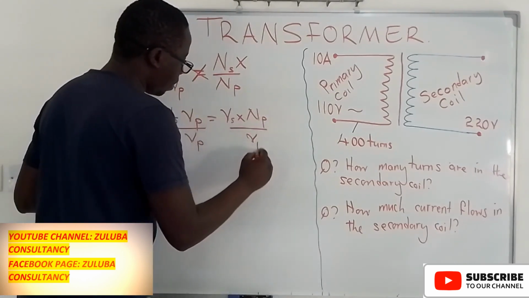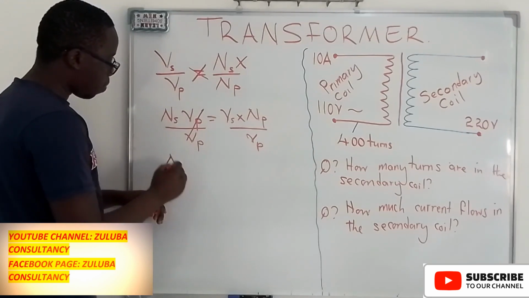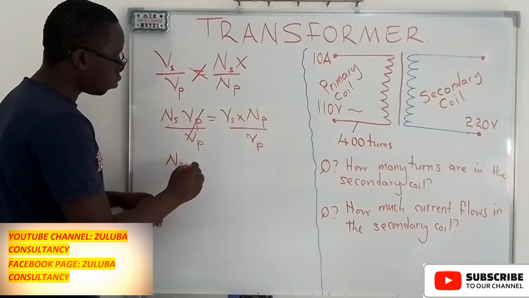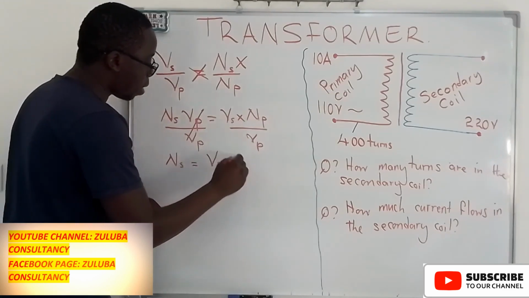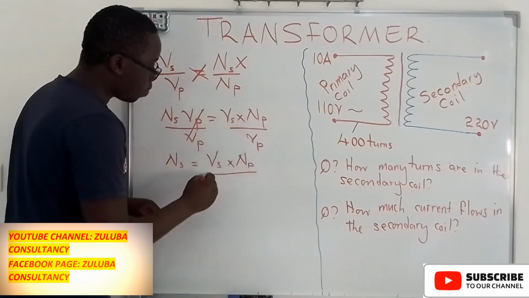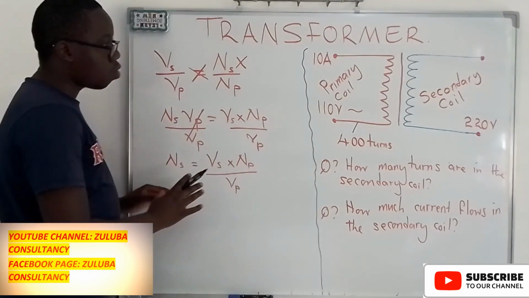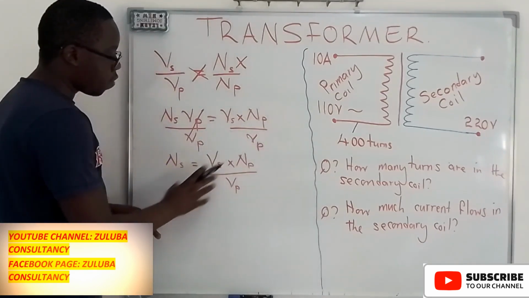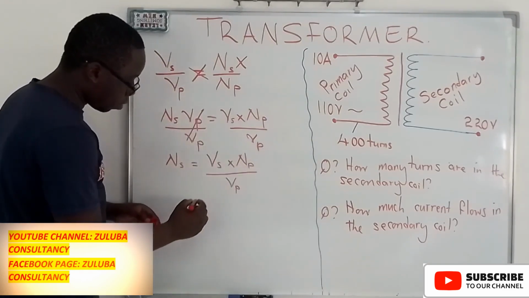When you simplify, you will have the number of turns in the secondary, Ns, is equal to Vs multiplied by Np divided by Vp. Now we can put the values into the expression.